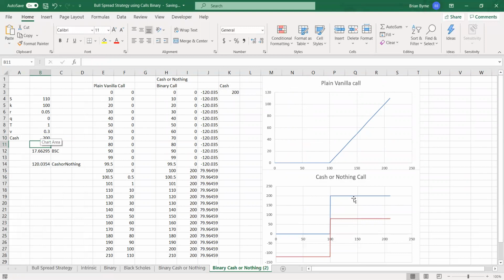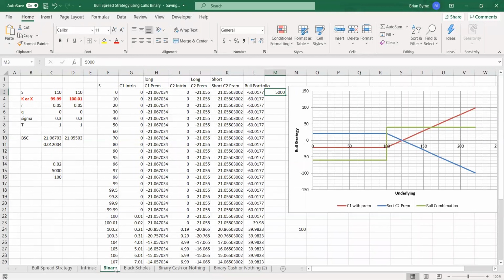Okay, the payoff in the event we're in the money is 200, but you've got to net out the cost of setting up the strategy, 120. That leaves us with 80 or 79.96. Okay, 79.96 if we are in the money. If we wanted to replicate the 200, then we need to put in 10,000 here. So that's 10,000. And you can see we're getting the same numbers.